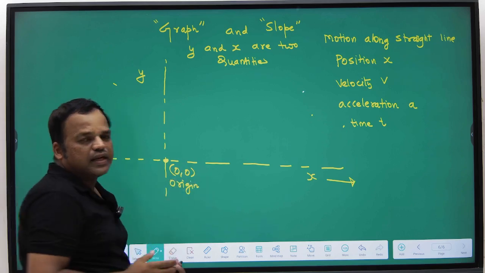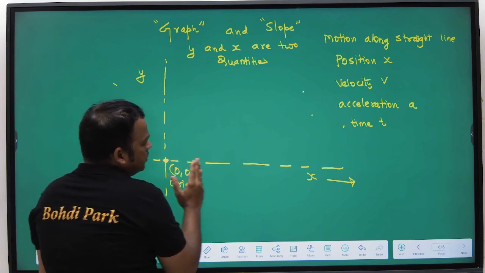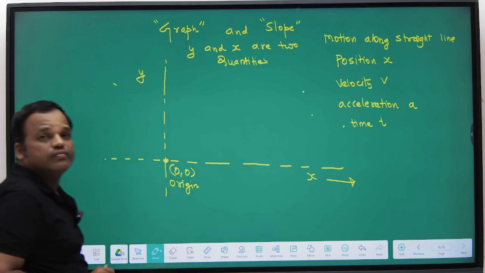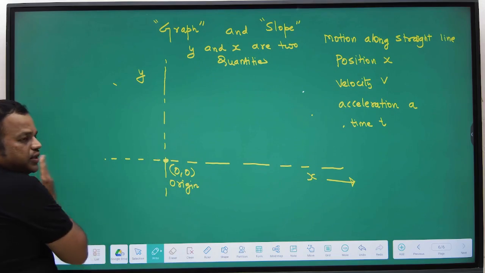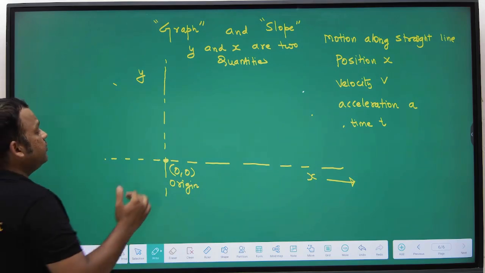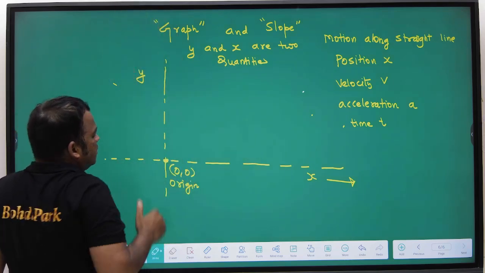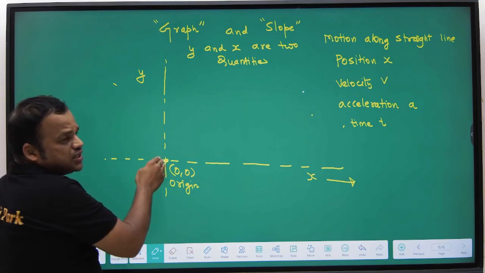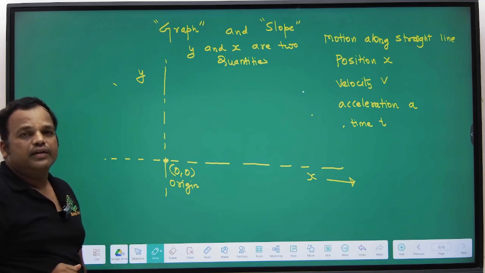If x is taking positive values, we have to move on the right side of origin, and if x is taking negative values, we have to move on the left side of origin. Similarly, if y is taking positive values, we have to move upward along y-axis, and if it is taking negative values, we have to move downward along negative y-axis.